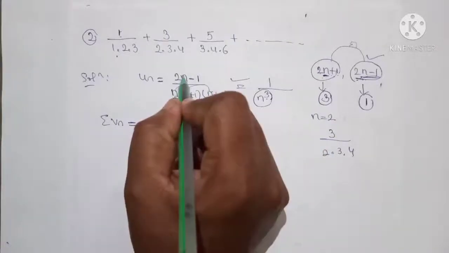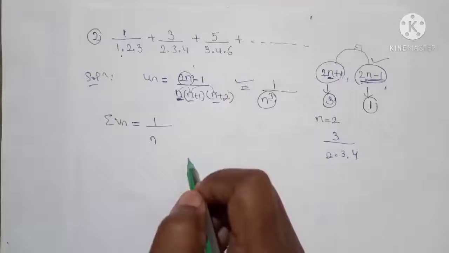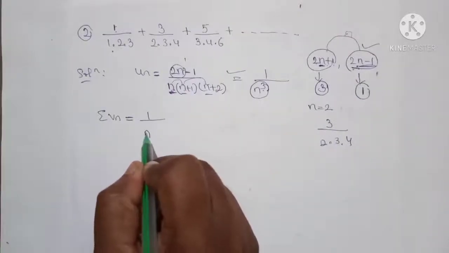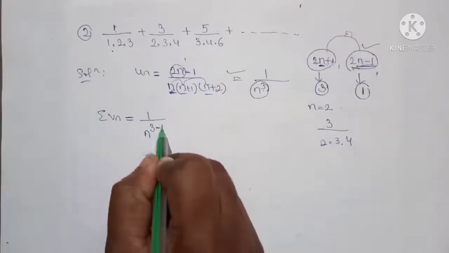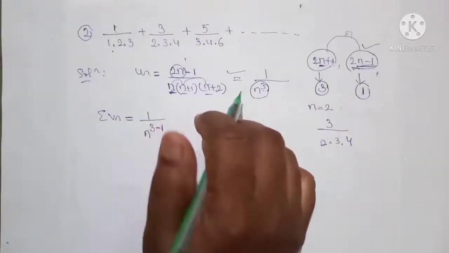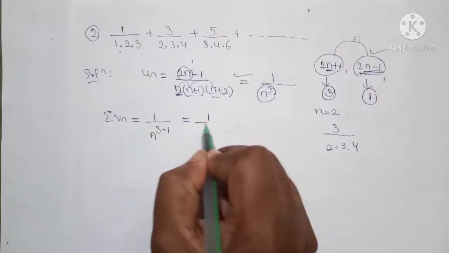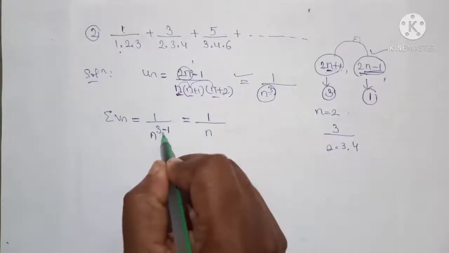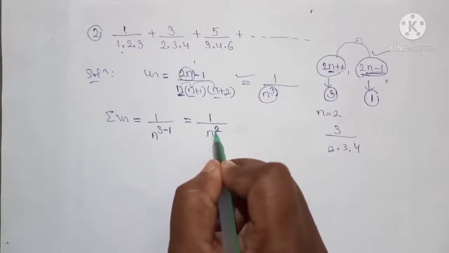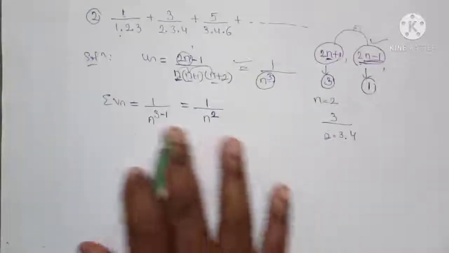And in the numerator only one term of n is there, therefore the power will be 1. Therefore we choose n power 3 minus 1. Like this we have to choose the n value. So summation Vn is 1 divided by n power 3 minus 1, which is n squared.